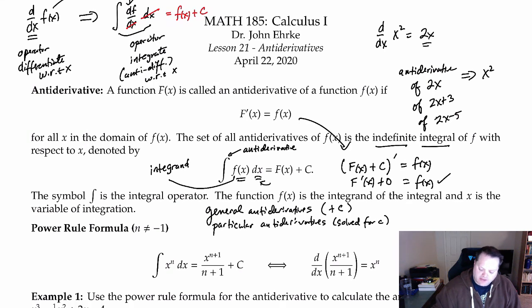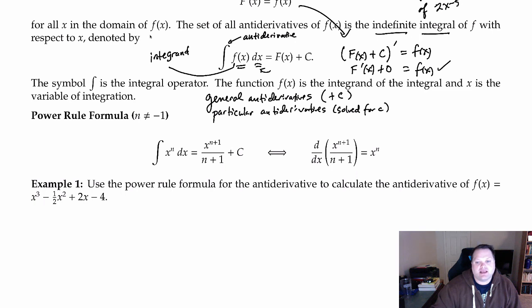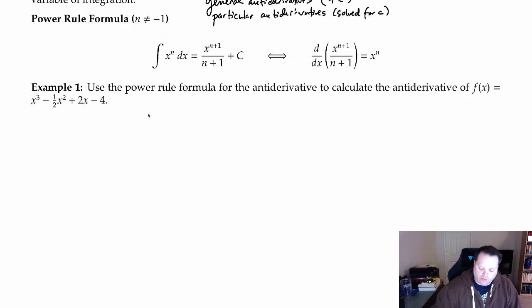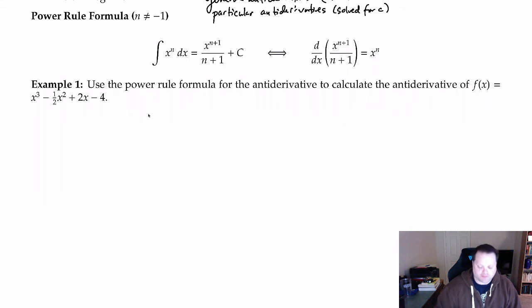All right, so let's look at the most basic antiderivative rule that we can start with, and that is the power rule. If you recall, the very first derivative formula we learned was the power rule, and we said that the derivative of x to the n is n x to the n minus 1. Think about what it would take to undo that, because the antiderivative would undo that. If I had the antiderivative of x to the n, what would that entail? I'm going backwards.